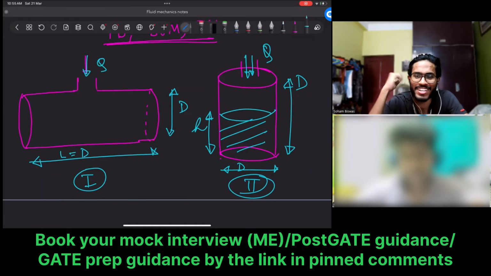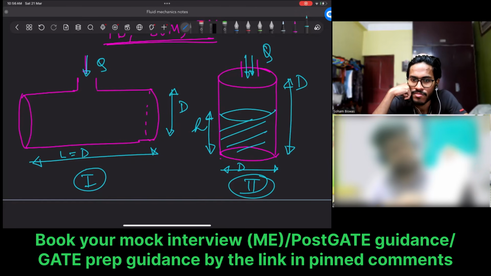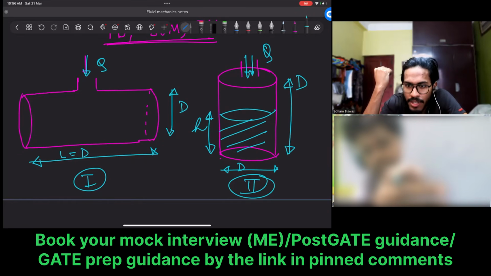Shall I draw it? First, you have to draw it and show me. Yes, at t equal to 0, there is no water. It's simple linear.